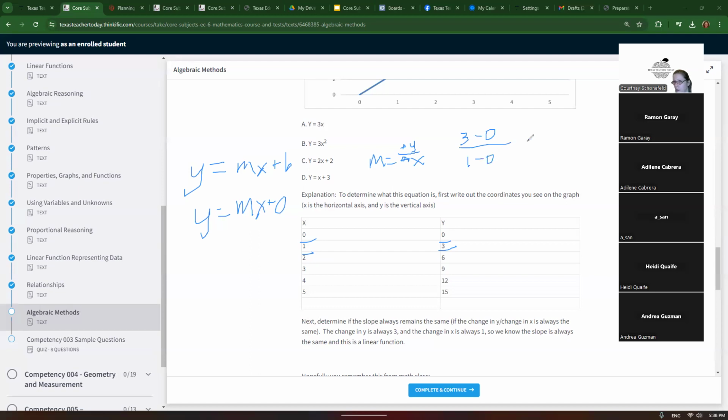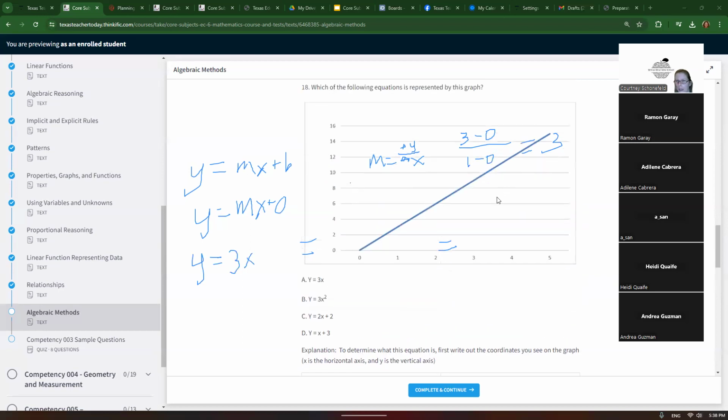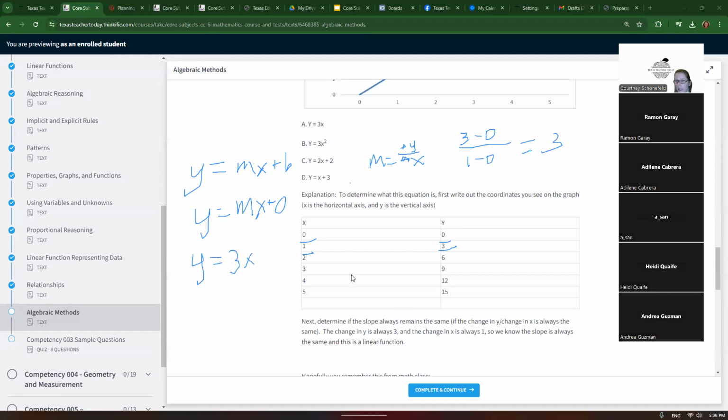So the slope is 3 divided by 1. So now I know what my m is. My m is 3. Y equals 3x. So see how I got the correct answer by looking at the graph, and I also got the correct answer by looking at the table and then doing the math. So you can do it either way.